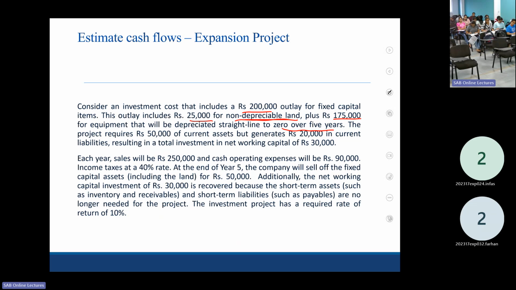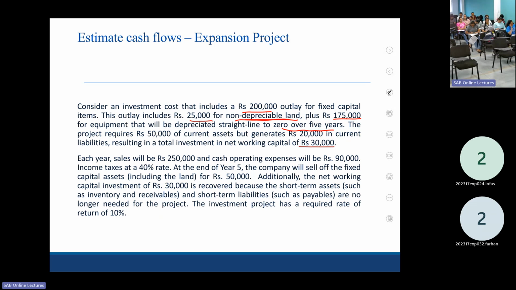The project life is 5 years. The project requires 50,000 rupees of current assets. It generates 20,000 current liabilities, resulting in a total investment in net working capital of 30,000.